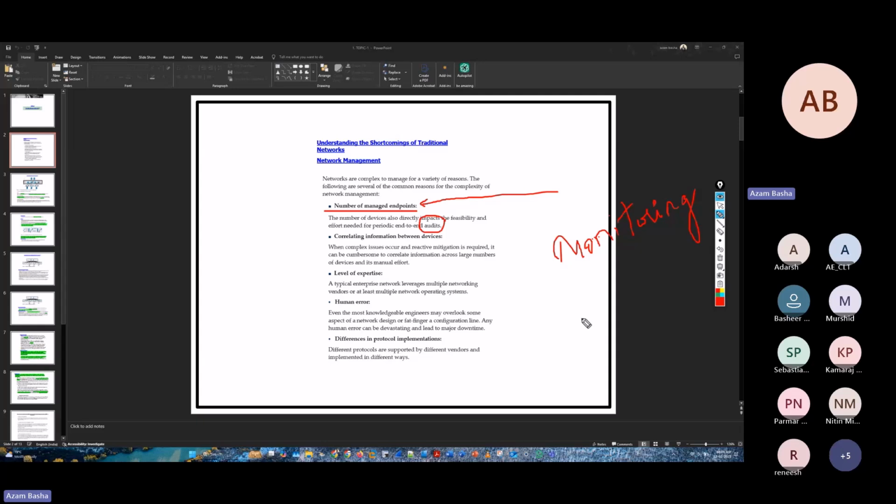So how many people are familiar with Spectrum, NetFlow, IPAM? Anyone familiar with these three tools or any other tools?